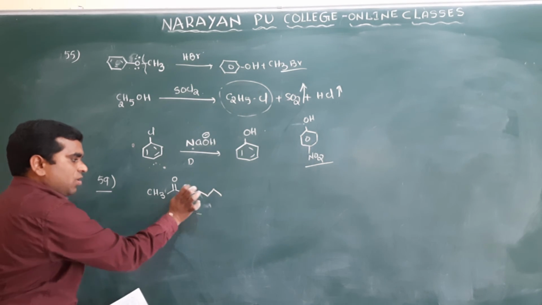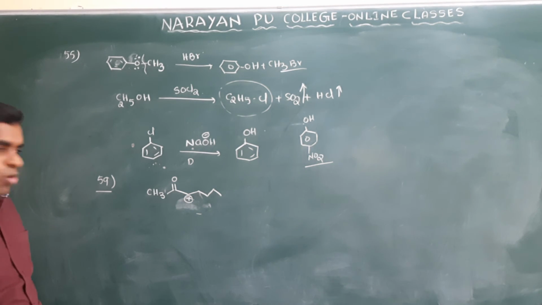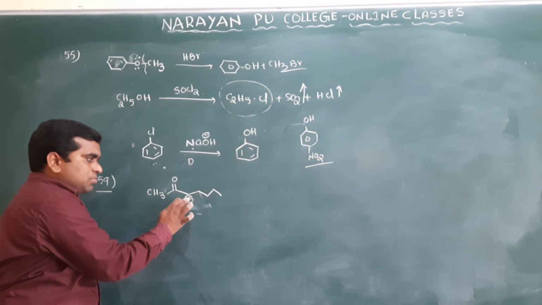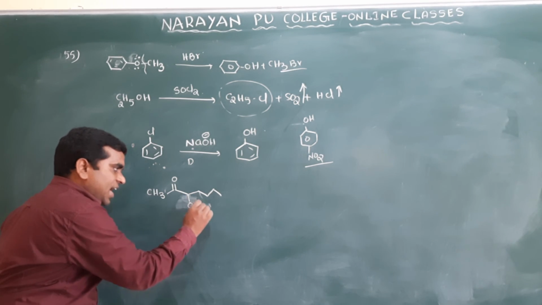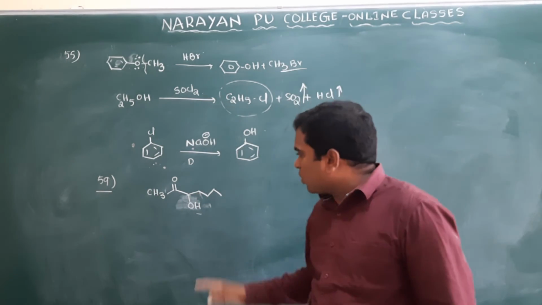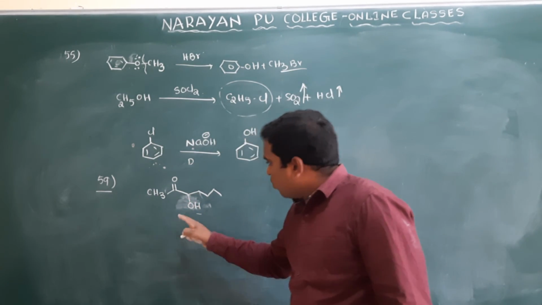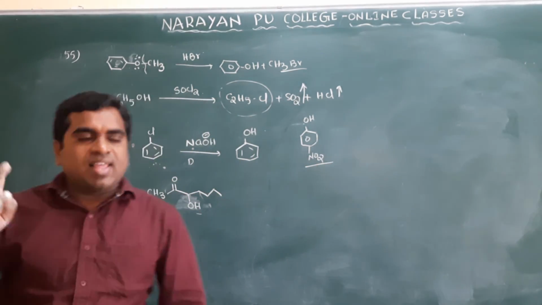Before that, first of all, which one will be removed? H plus, and OH minus will be removed. When OH minus is removed, a positive charge will form here. So in this dehydration reaction, a water molecule should be removed first.